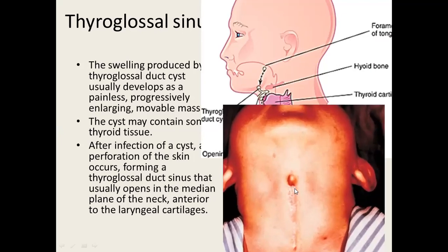When the cyst remains untreated, it becomes infected and perforated, and the duct opens outside by an opening known as the thyroglossal sinus.